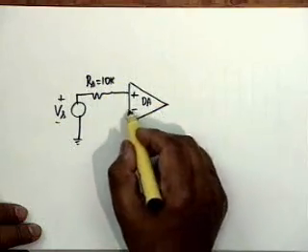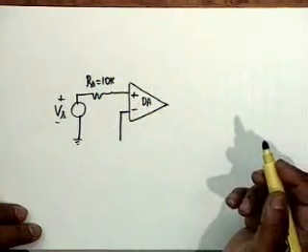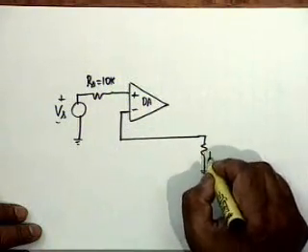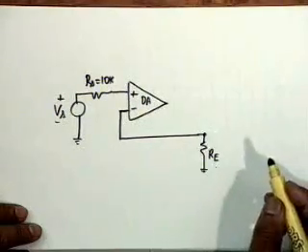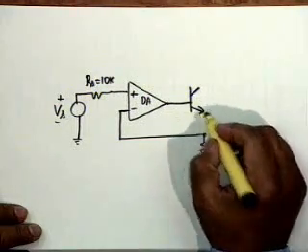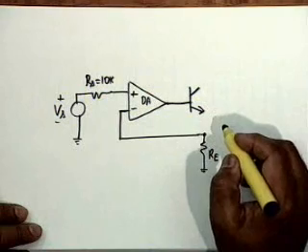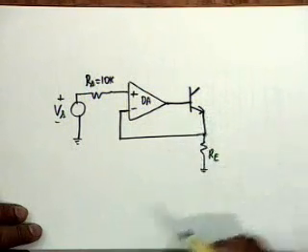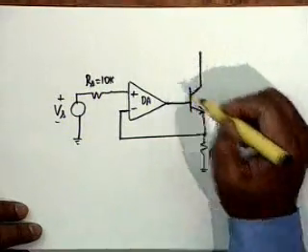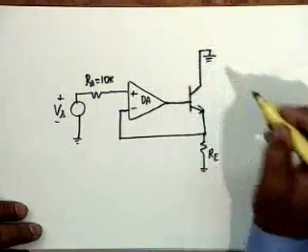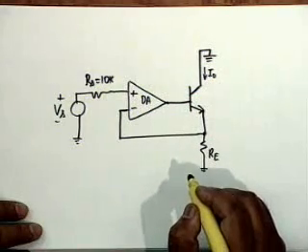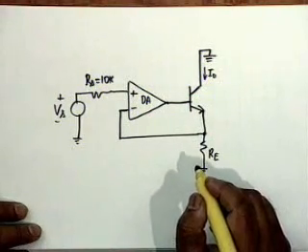The inverting terminal is connected to a resistance RE to ground, and the output goes to a BJT, the emitter of which is connected here. That's why this resistance is RE. Please follow carefully. I am not showing the biasing circuits. The collector is virtually grounded. And this is the current that we are interested in. This is my output, I0.